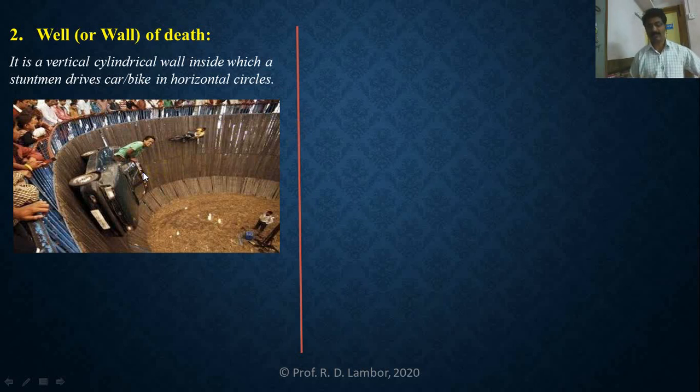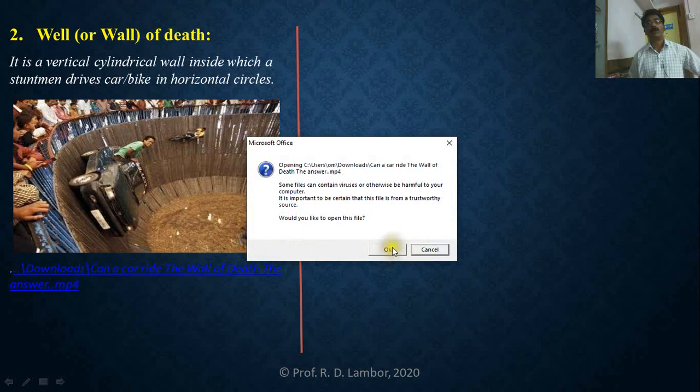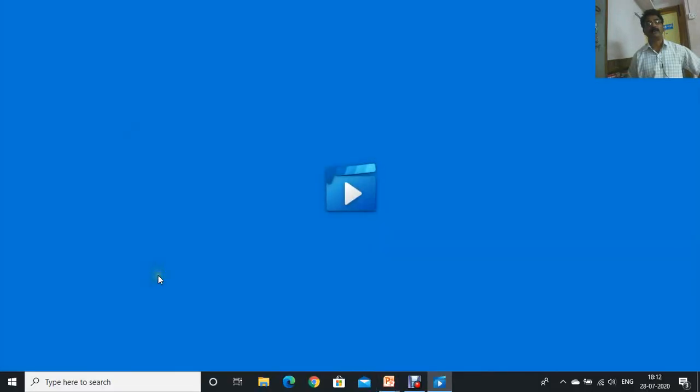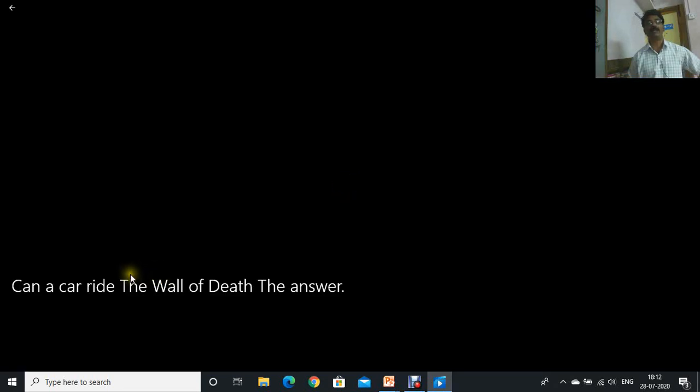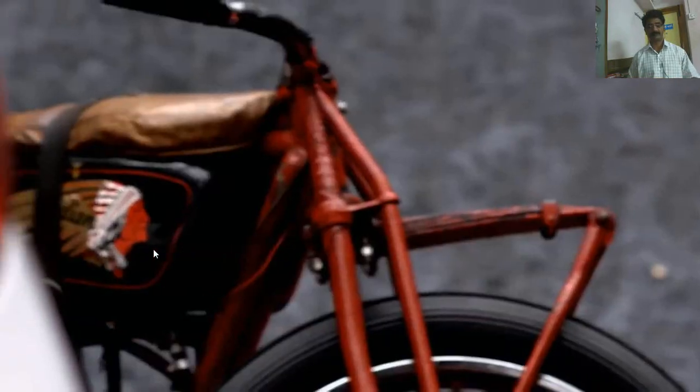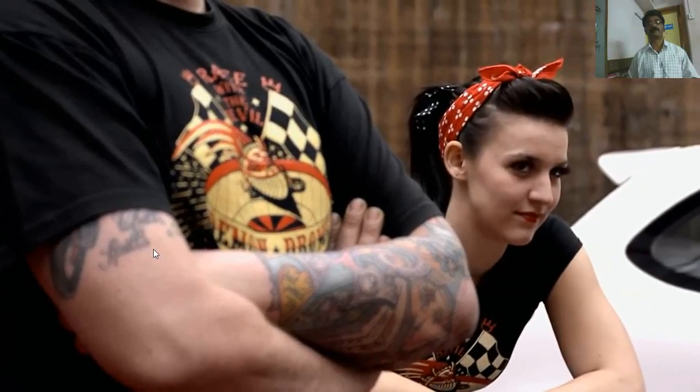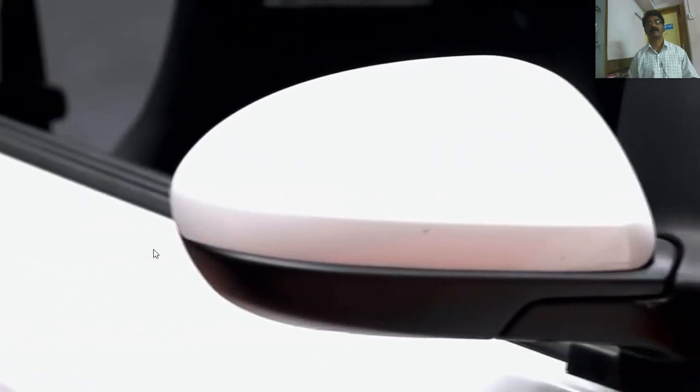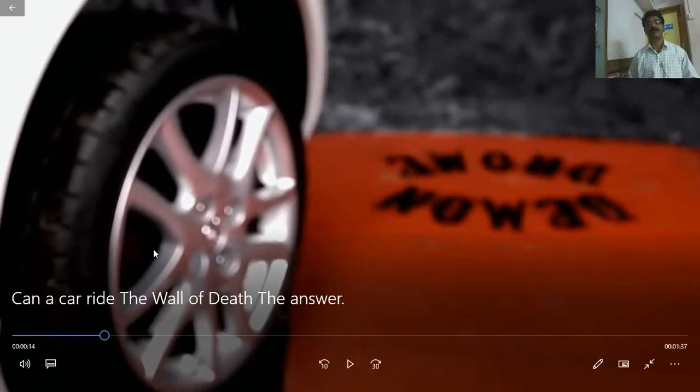So I will try to clear this concept by giving one more video to explain what the wheel of death is and how four-wheelers and two-wheelers are driving inside the wheel of death. See students, actual performed actions are there.